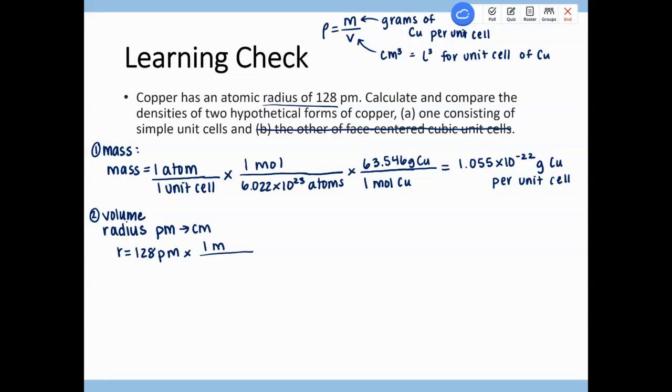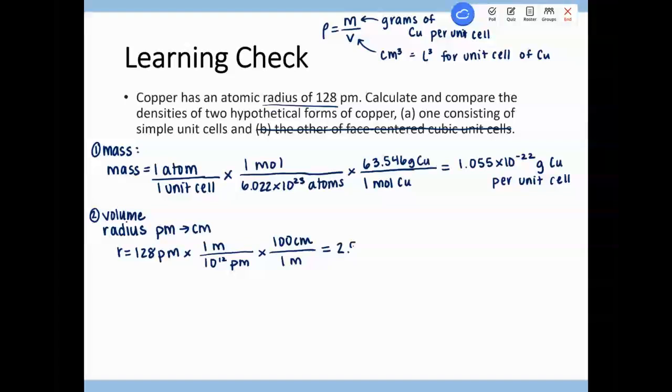So in 1 meter, we have 10 to the 12 picometers. And then in 1 meter, we have 100 centimeters. You can certainly do a more direct conversion, but just to demonstrate, that's the simpler conversion. So we've canceled out picometers, canceled out meters. We have centimeters.